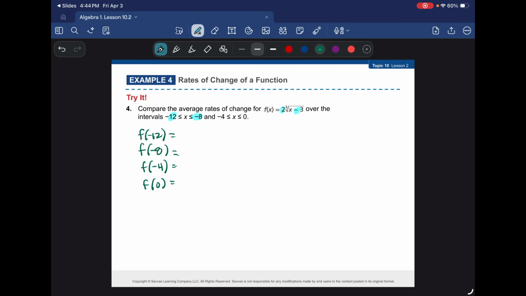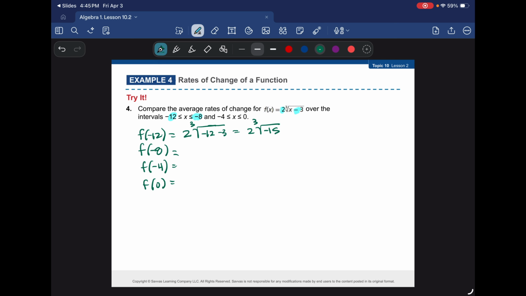So we have 4 inputs to evaluate, and you would plug those in to the function rule. So for example, 2 times the cube root of, don't forget, this is negative 12 minus 3. So this would be 2 times the cube root of negative 15, okay? And you would do the same for the other inputs.